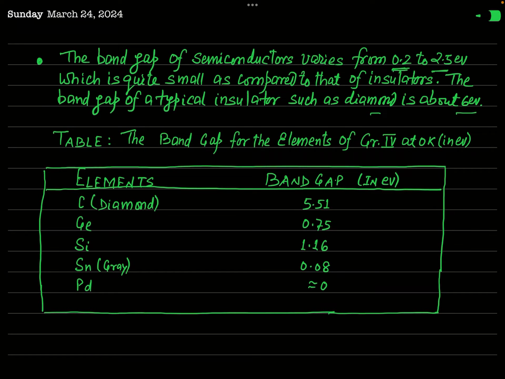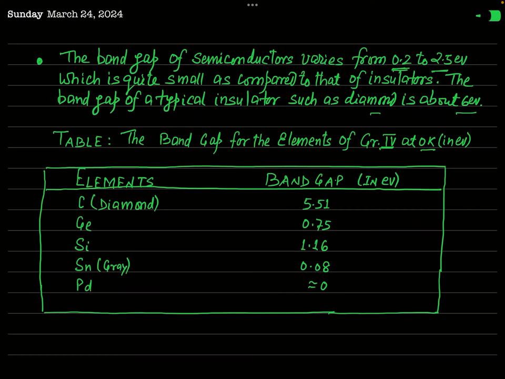Okay. And I have shown here, for comparison, the band gap of some of the elements of the fourth group of the periodic table at 0 Kelvin temperature. Here also the band gap has been measured in the unit electron volt, so all these numerical values are in electron volt.